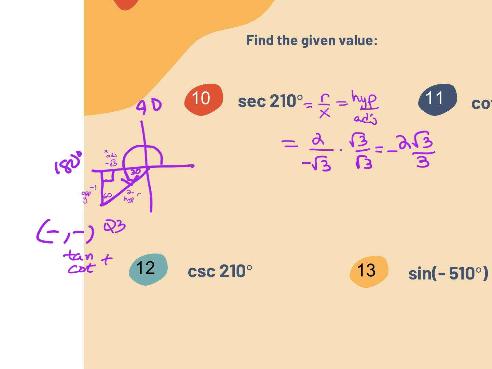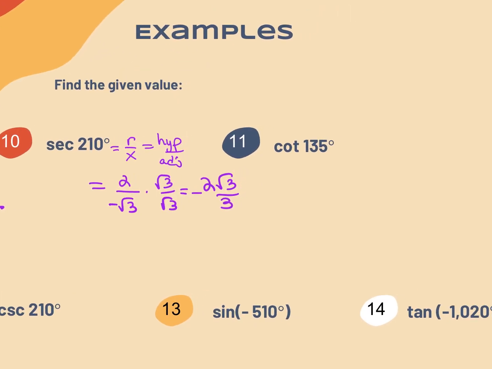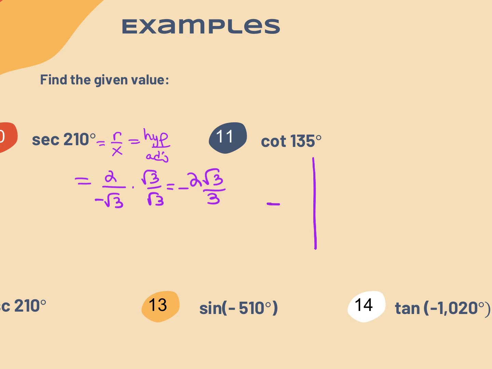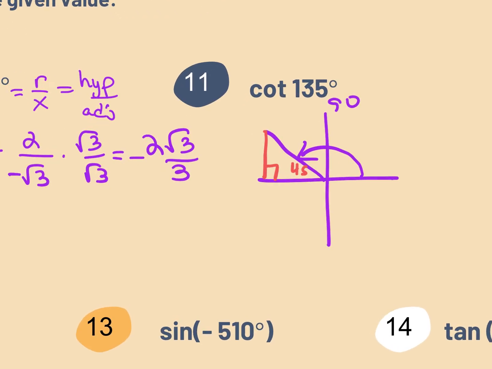Let's try number 11. So again, draw your 135-degree angle. In order to make this, you went 90 and then 45 degrees more. Again, what we're doing is making it go back to the x-axis. So to finish this, 45 is your reference angle. You're memorizing the legs are 1 and 1.